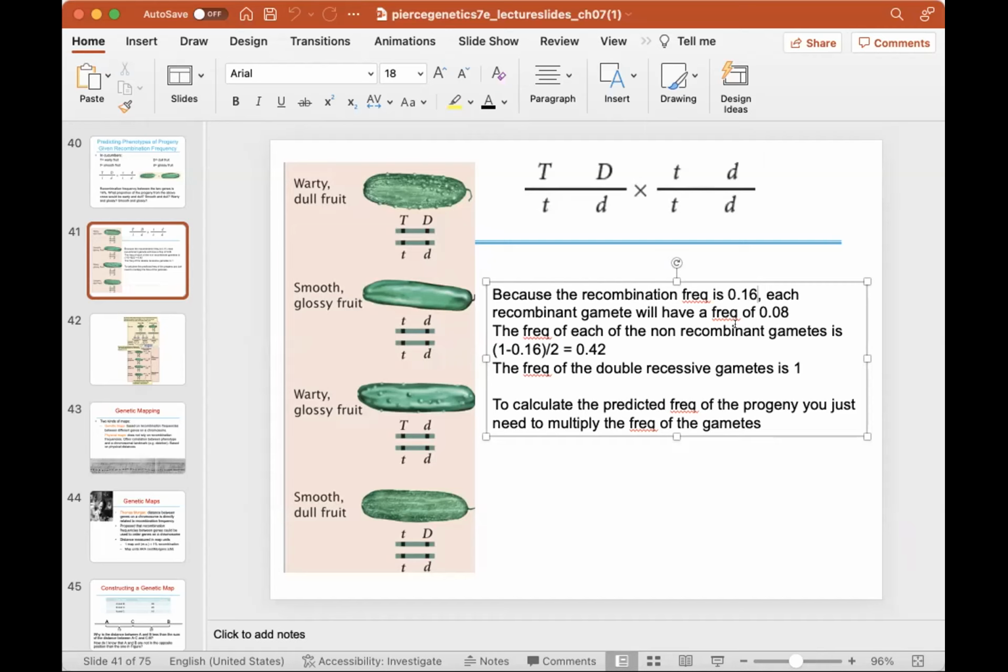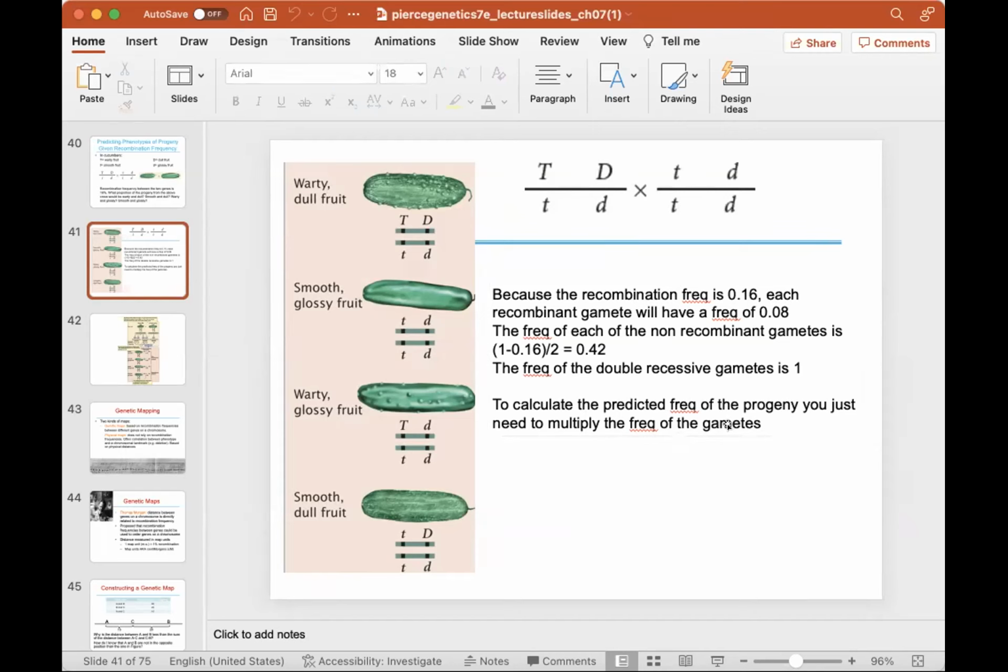So if 0.16 is the recombination frequency, we're dividing it by 2 because this frequency is for both the T's and D's added together, for the alleles up top.